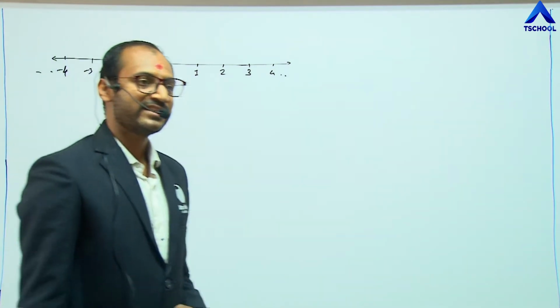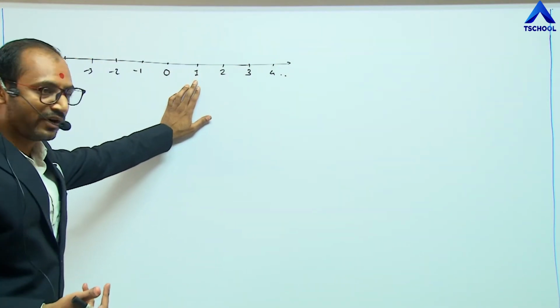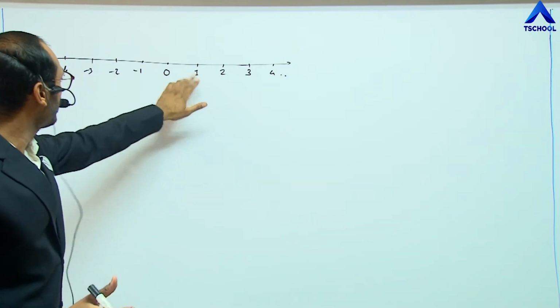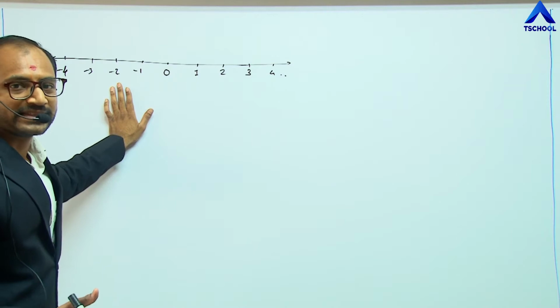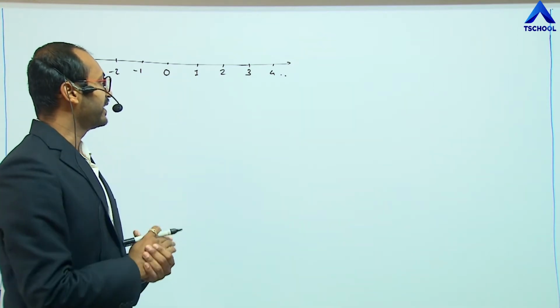Then we discussed how we can represent a whole number on the number line, how we can represent an integer, as well as a rational number, but let me revise it.